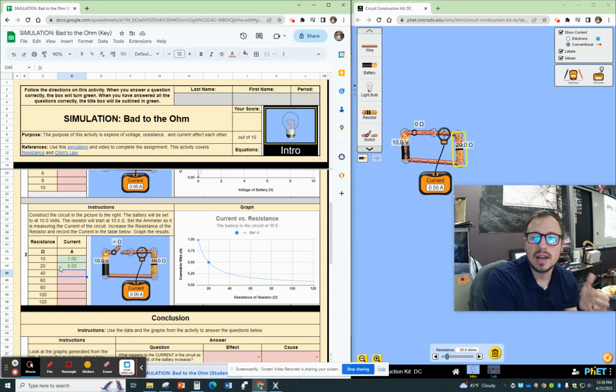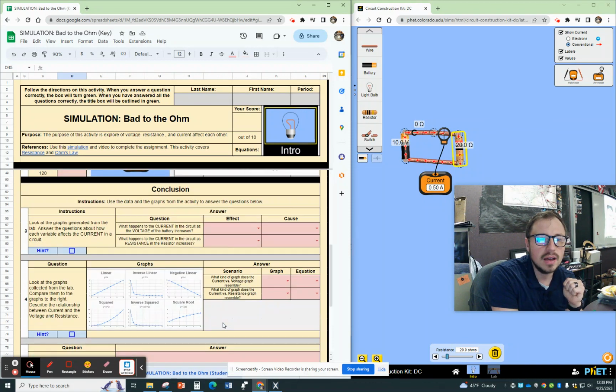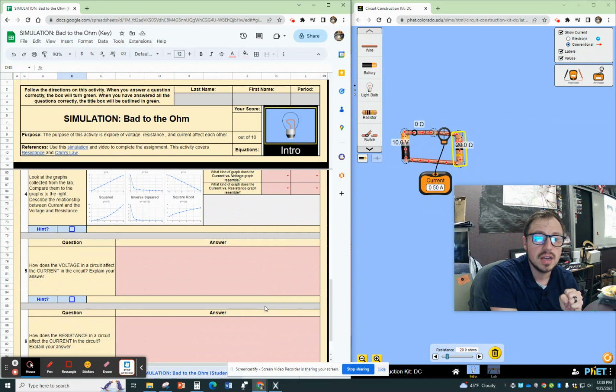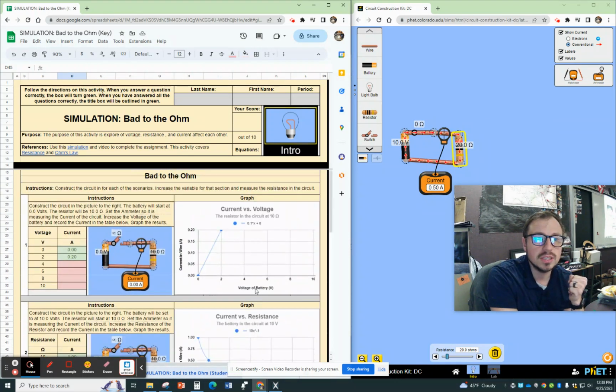After 20, it's going to go up by 20 every time, all the way up to 120 ohms. Then you can look at the graphs and answer the following questions about the relationship and comparing the graphs. How are current affected by voltage and resistance? Once again, this is the simulation Bad to the Ohm.